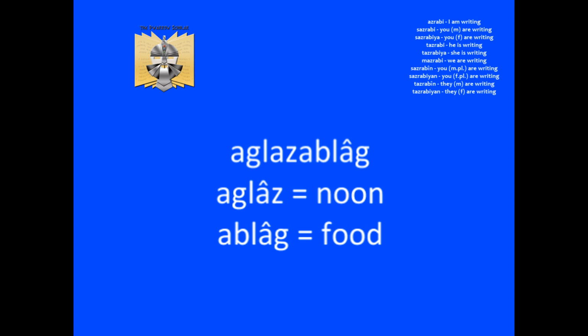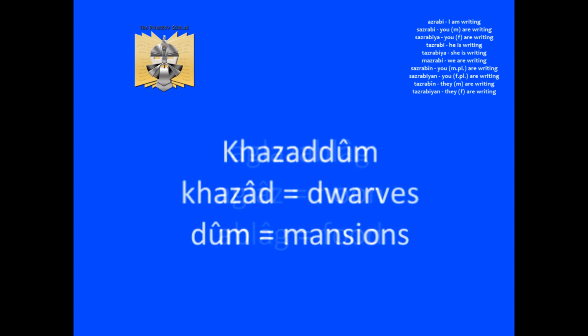So only the last extended a, which is part of the second element, ablag, will remain. We see the same happening, by the way, in the word kazadum. There, the extended vowel in kazad, meaning dwarves, is reduced due to being paired with another word, dum, that contains an extended vowel. So more on this rule of compound words in the future.